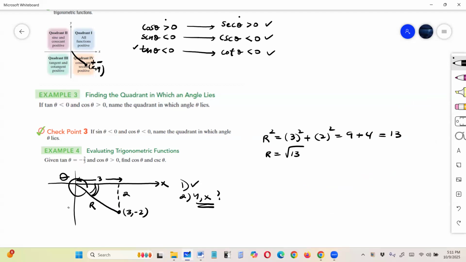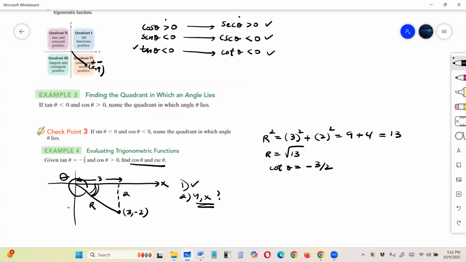Now we can find all the other five, but I'm only going to find cosine and cosecant. I could easily find cotangent. Cotangent is obviously 1 over tangent, so it's negative 3 over 2. So it's very easy.